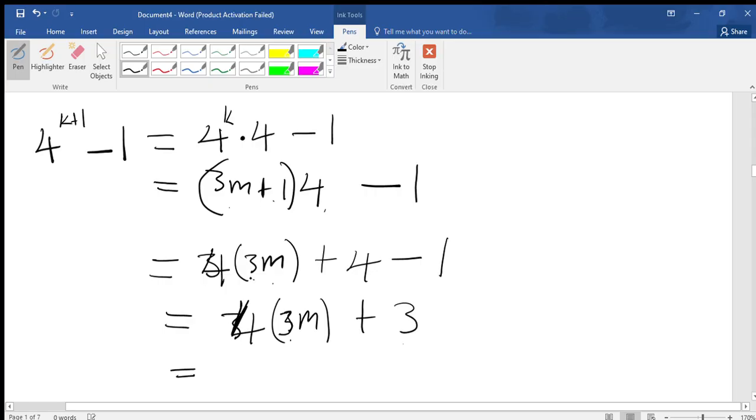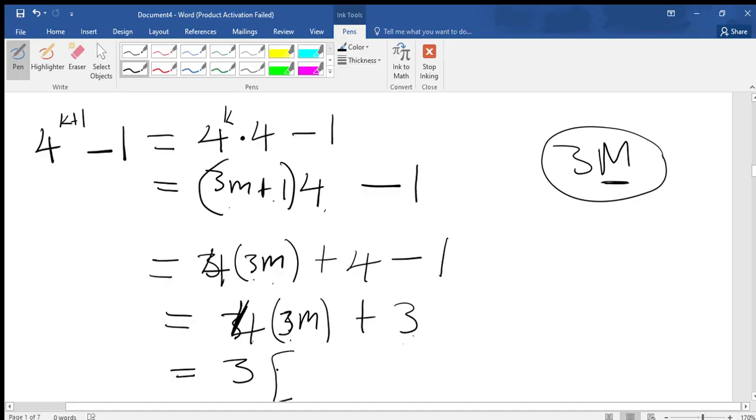We want to show the concept that if 3 is a factor, the 3 multiplied by something is clearly shown. So here we are going to factor out the 3. If I factor out the 3, what will I remain with? I will remain with the 4 and the m on the first, and when the 3 comes out, I remain with plus 1 there.